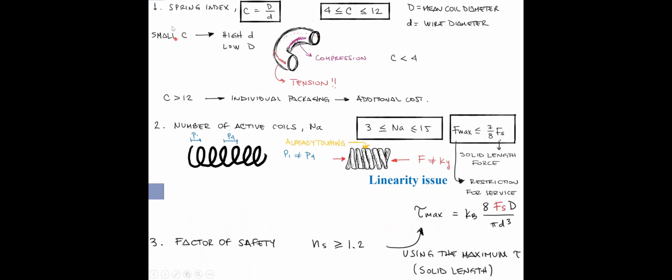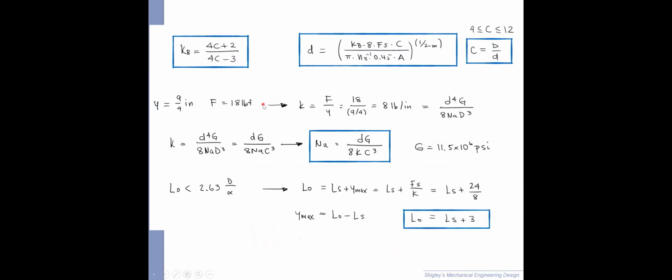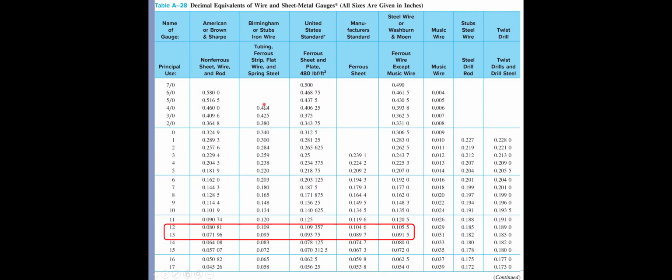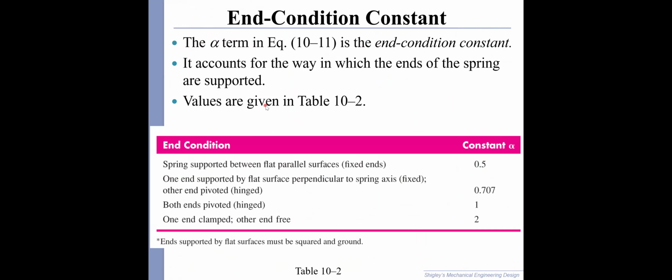It's the small c, the large d and the small capital D, which is not easy to buckle, okay? And for the high C, it's easy to buckle for a spring.